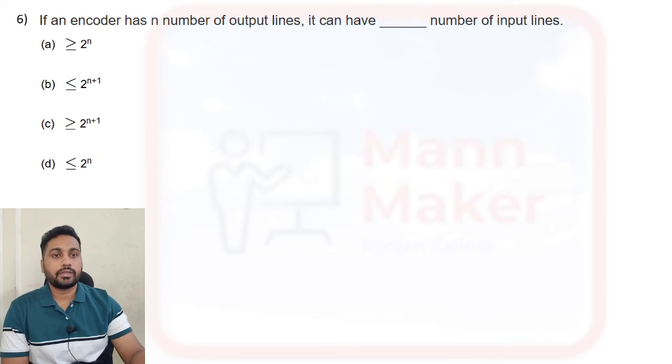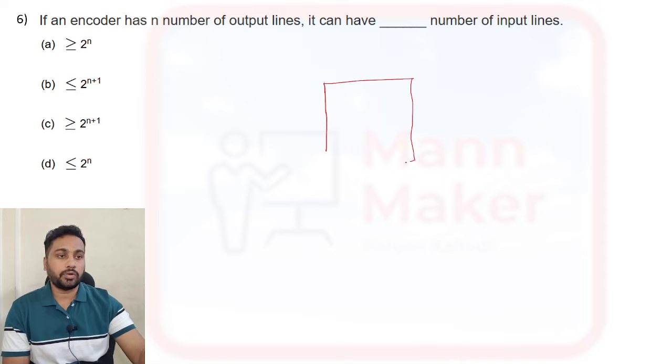If an encoder has n number of output lines, it can have dash number of input lines. If we talk about an encoder, the relation is 2 to the power n greater than or equal to the number of inputs.